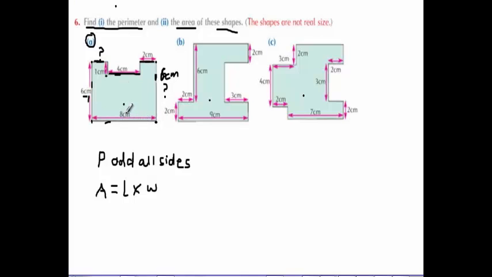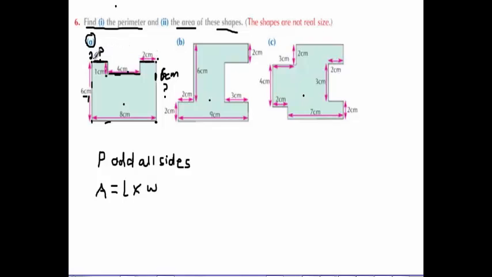So if I take my 6 centimeters from here as far as here, my 2 and my 4, I'll be left with this, and I'll be able to add my perimeter. So 8 take away 4 leaves 4, and then 4 take away 2, that leaves me with 2 centimeters.